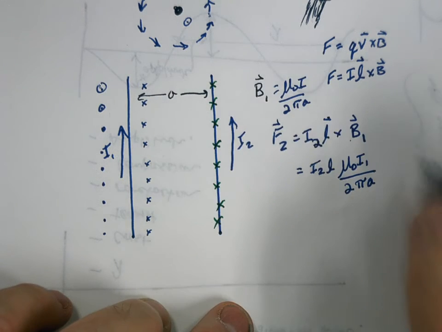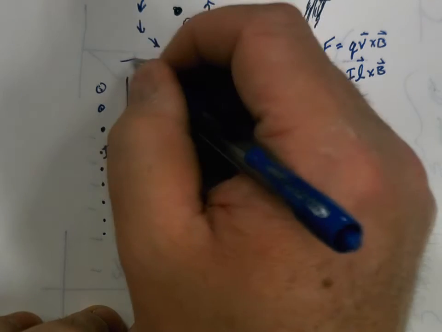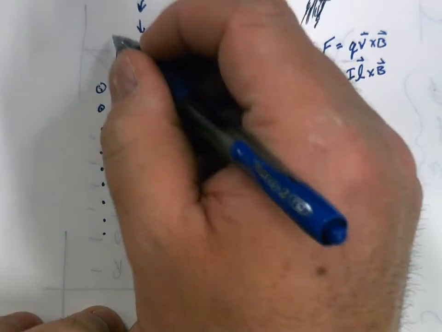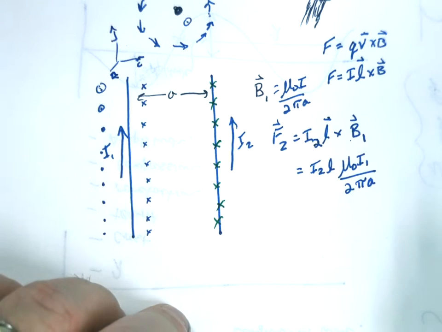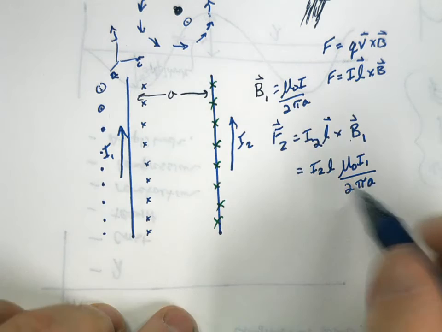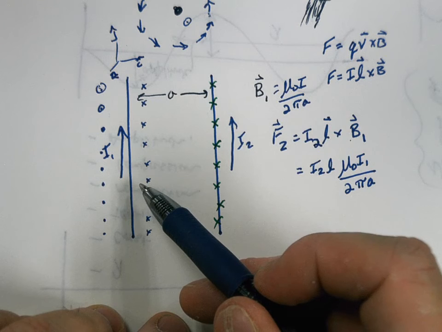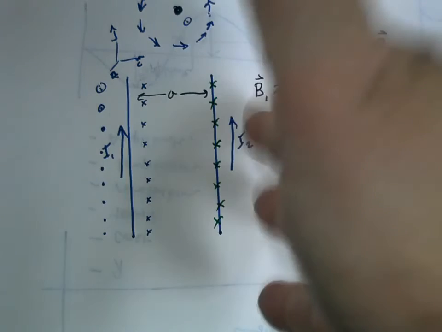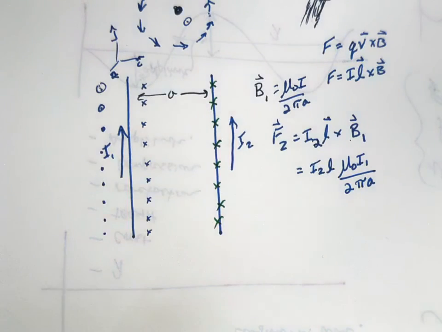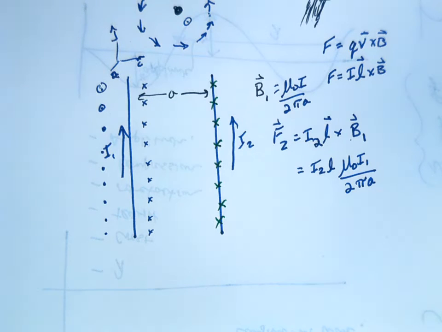All right, so that's our force, and what direction is this going to be? Okay, this direction is going to be towards I1, right? Current, field, actually, hold on. I actually learned this a different way.